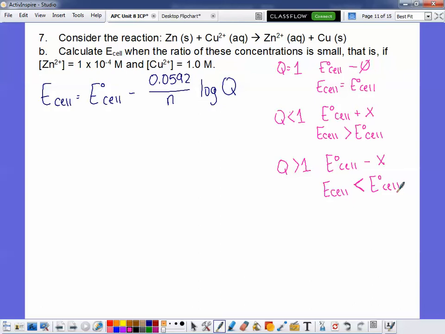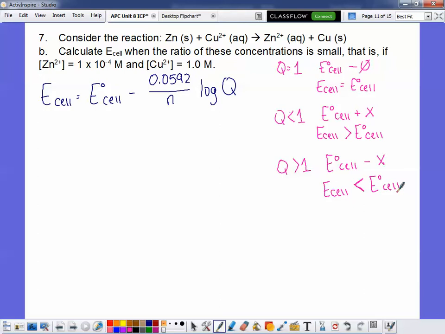So instead of actually calculating the new voltage, they say, if I were to change the concentrations to these, or if I were to increase or decrease this concentration, how would that affect the voltage? So you need to know how to find Q. You don't actually need to be able to calculate Q. I mean, you do for some things, but you need to look at how Q will affect it. Either multiple choice or free response.